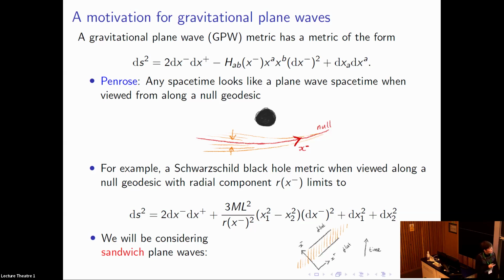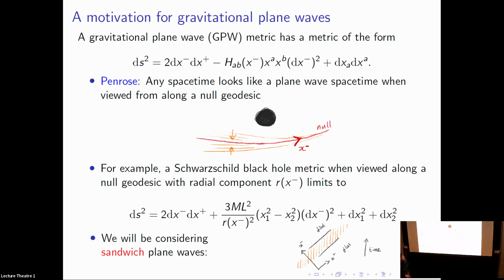For example, if we look at Schwarzschild, if you start approaching a null geodesic with some radial component, then what you'll start seeing is a spacetime that looks like this, where L is the conserved angular momentum from the null geodesic.